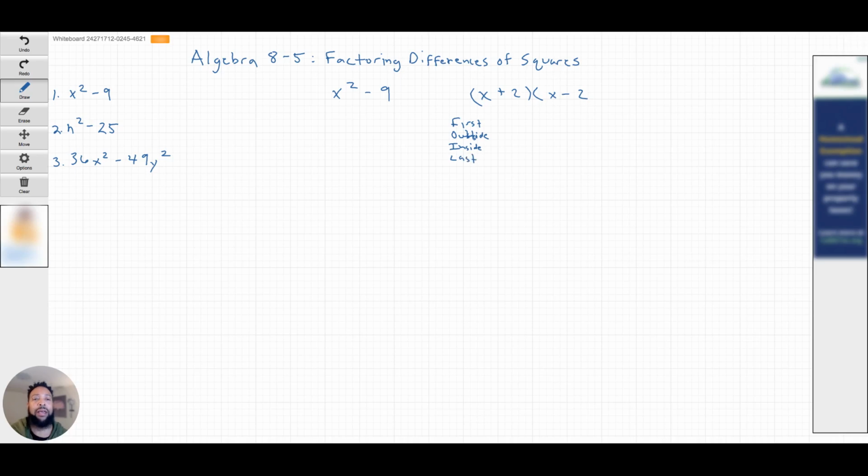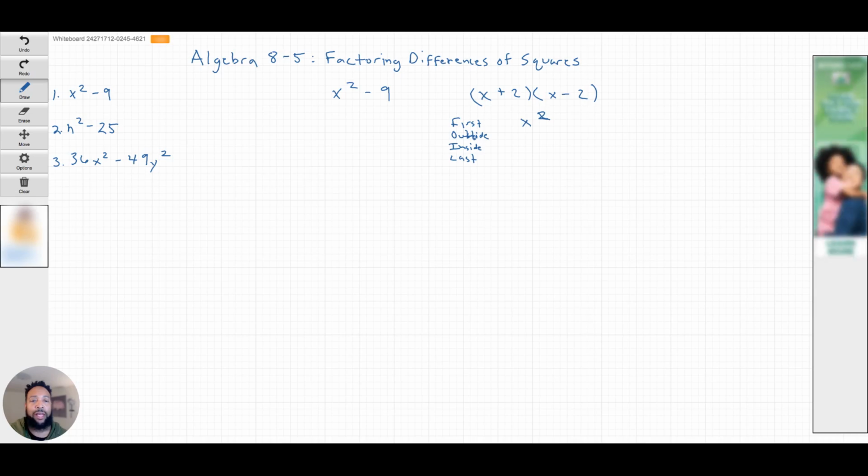last. So when we're looking at these two binomials, our first variables are x and x, so we have x squared. Our inside is 2 and x, so we have 2 times x is 2x. Our outside is x and minus 2, so minus 2 times x is minus 2x. And then our last numbers are 2 times a negative 2, which is negative 4.